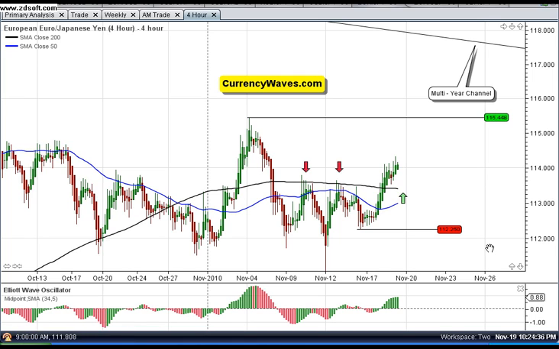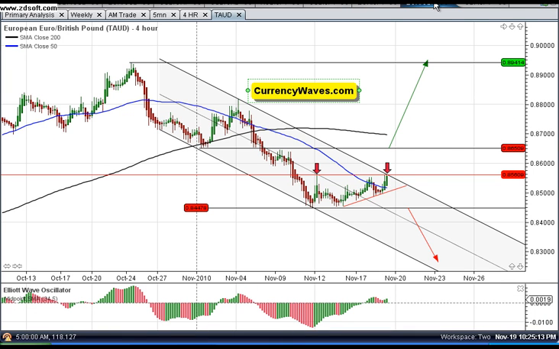Break below 112.25 could send it down to 111 and even lower. Above the 115.15, it could test this multi-year channel here, just in the mid 117.50s. So those are your levels to watch, the 115.48 and the 112.25.